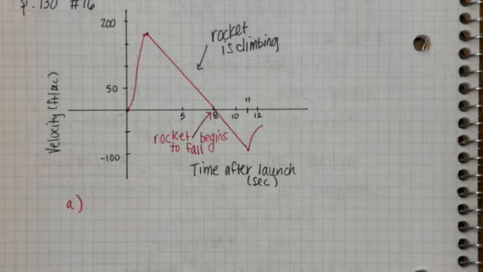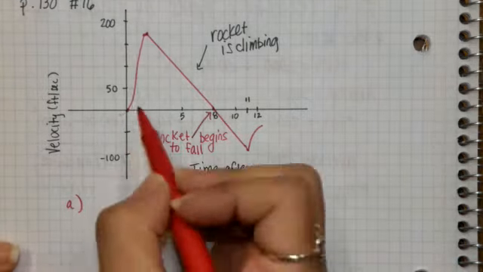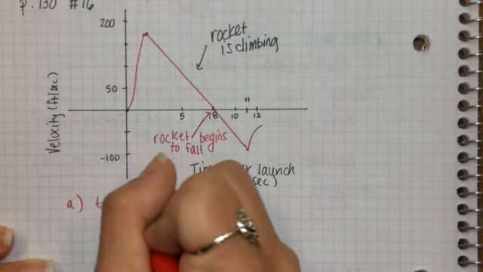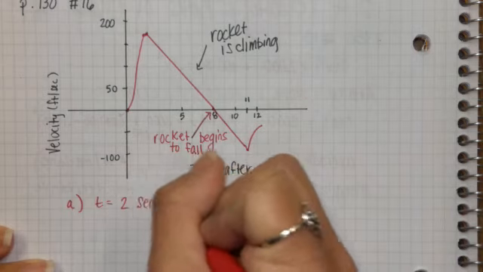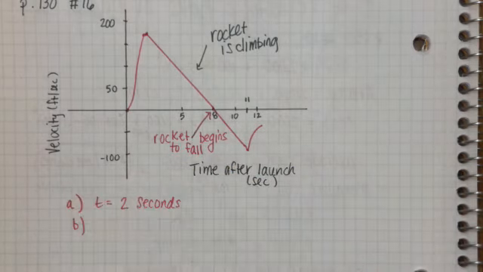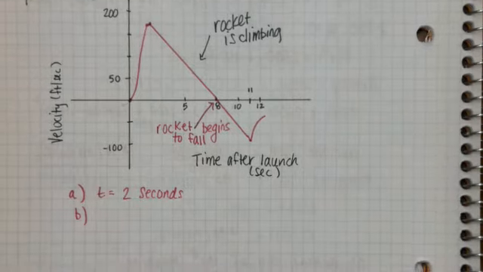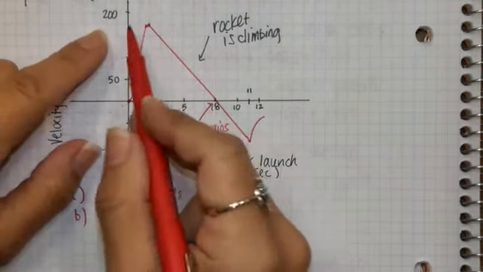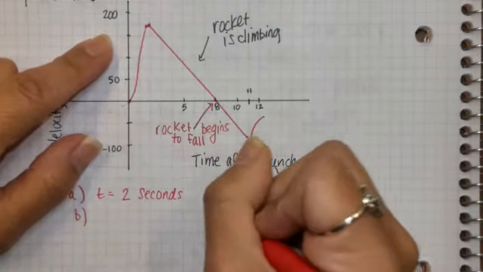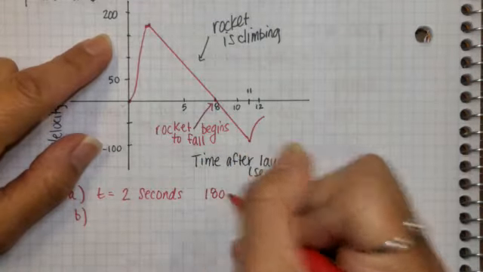How fast was it climbing when the engine stopped? So that to me looks like at about 2 seconds, ish. I don't know, maybe 180, whatever. It's not 100% accurate.